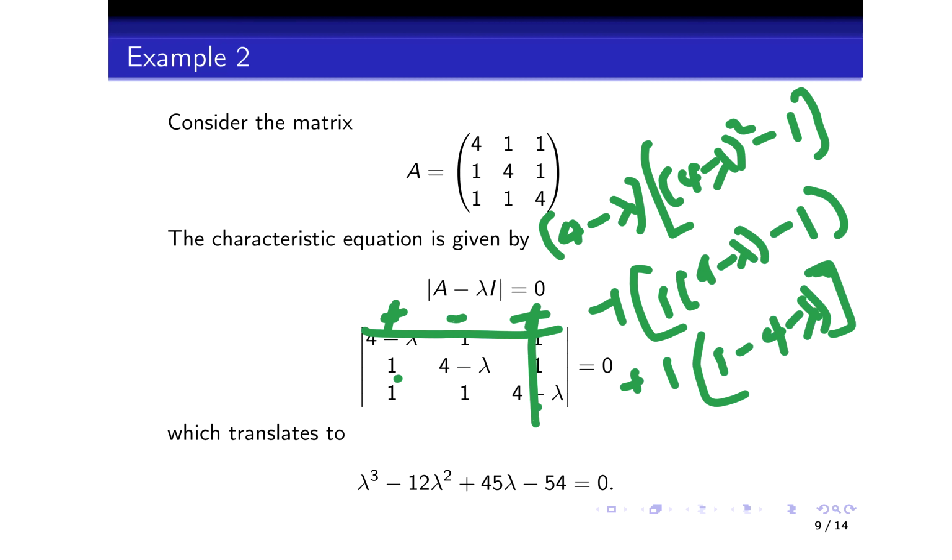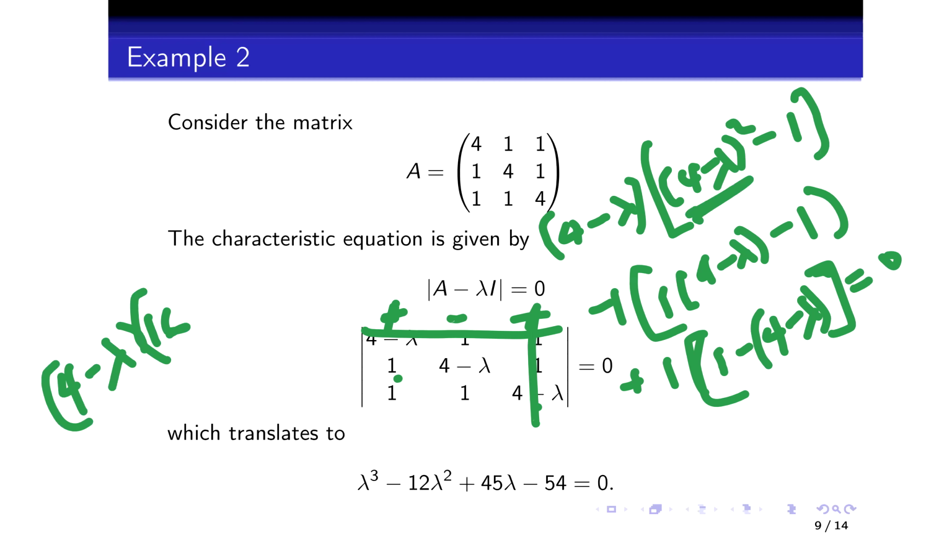So if you tidy all this up, you're going to get 4 minus lambda into this now. You can do the fast way. Square the 4, that's 16. Then 2 times 4 times lambda, that's minus 8 lambda. Then minus lambda squared, you have plus lambda squared there. Of course, minus 1. So that takes care of all this. Then for this next one, you can just keep this.